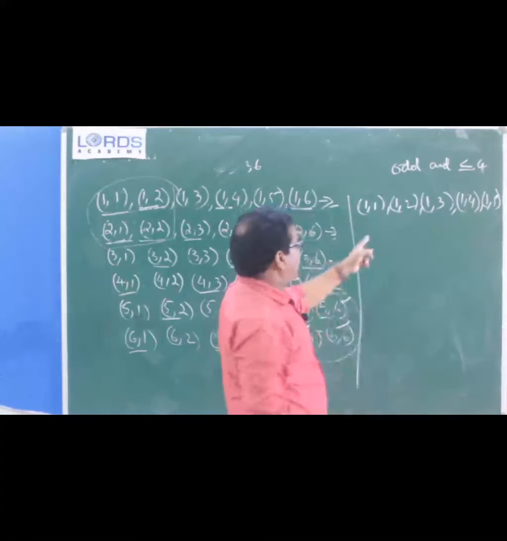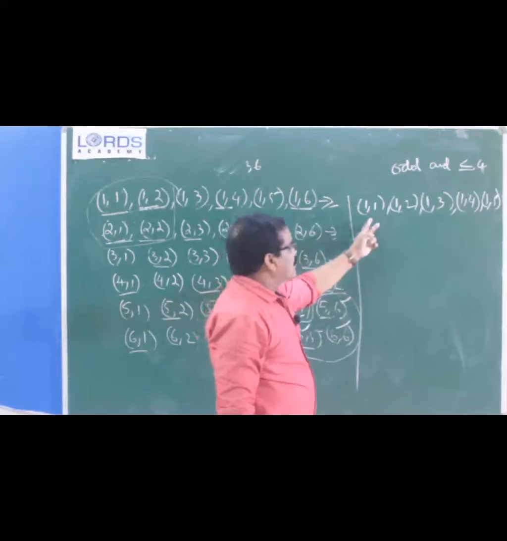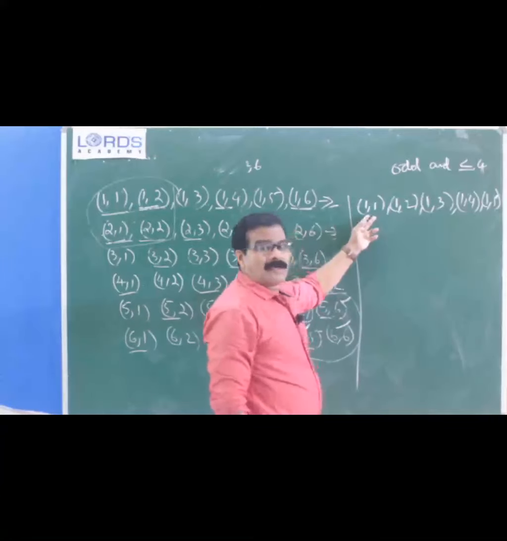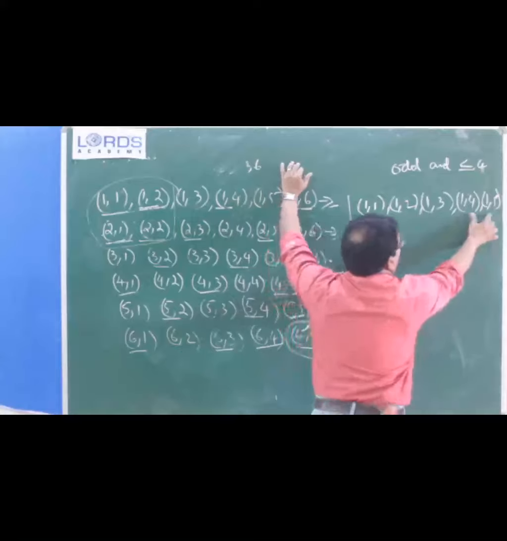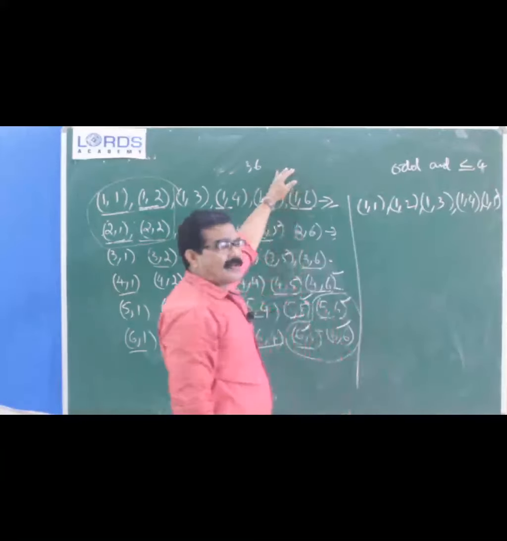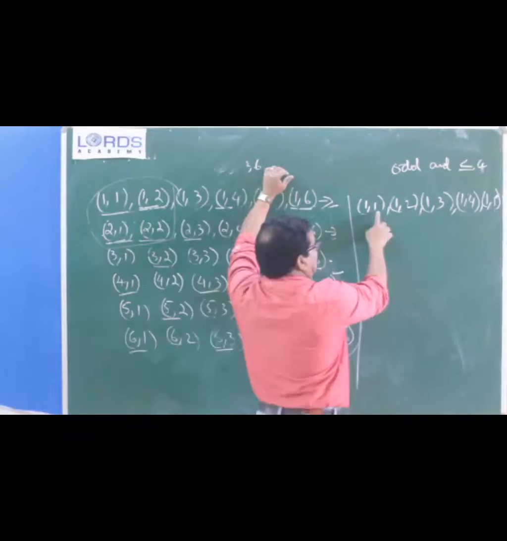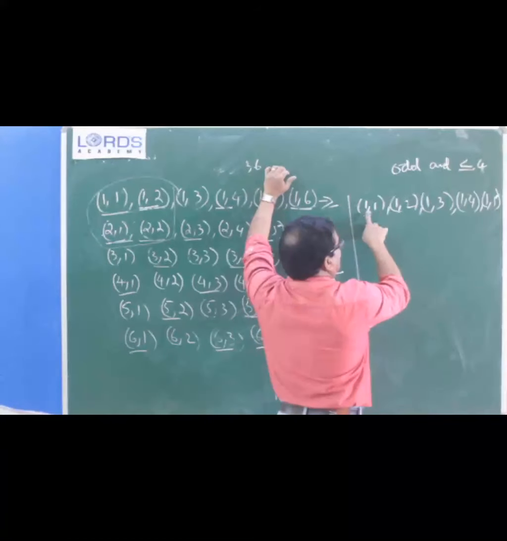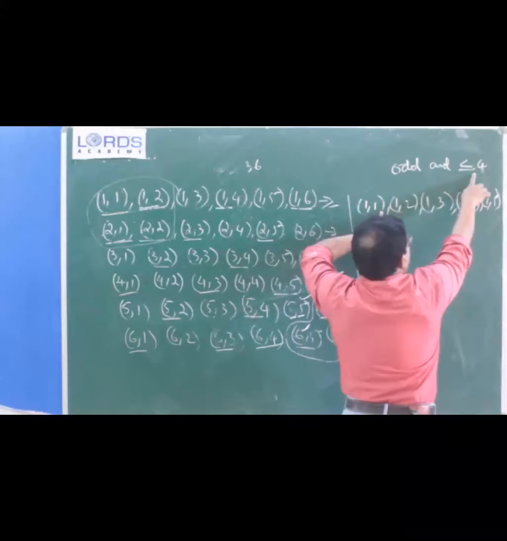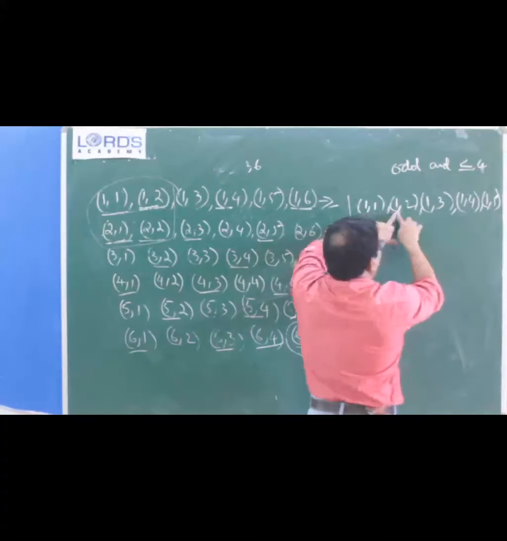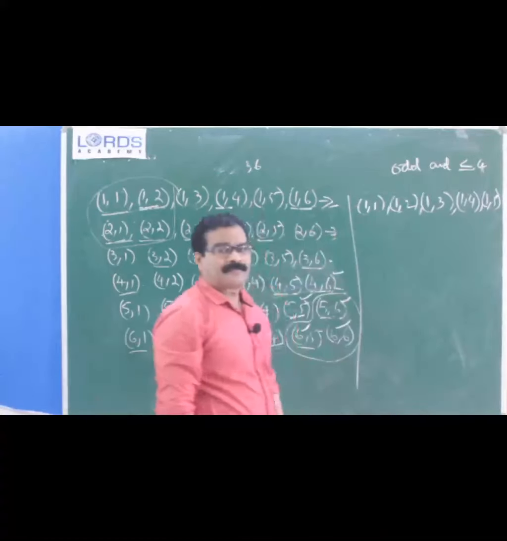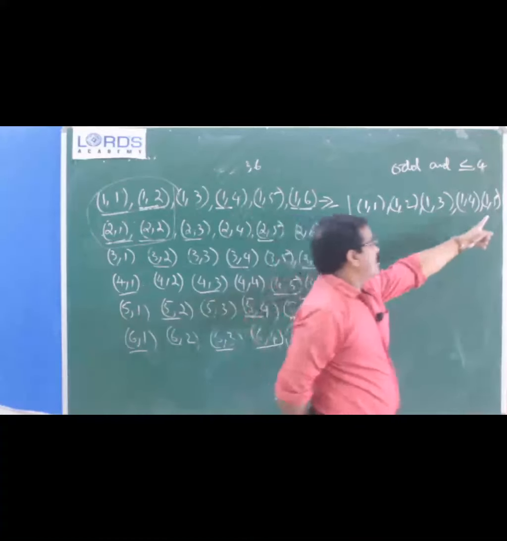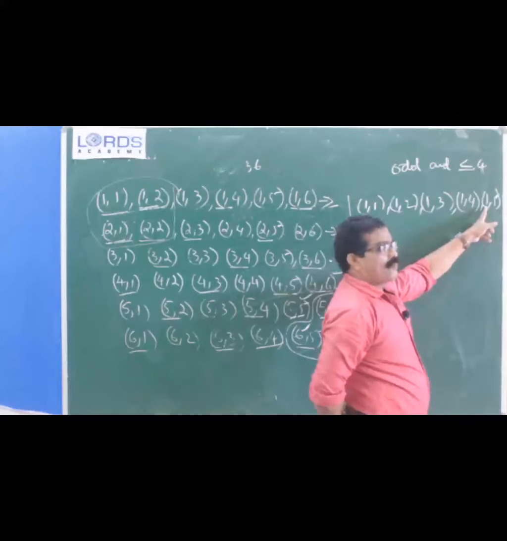You check it, the condition is satisfied in all these pairs. For 1 1, this one is odd, the other is less than 4. For 1 2, these are satisfied, one is odd, other less than 4.